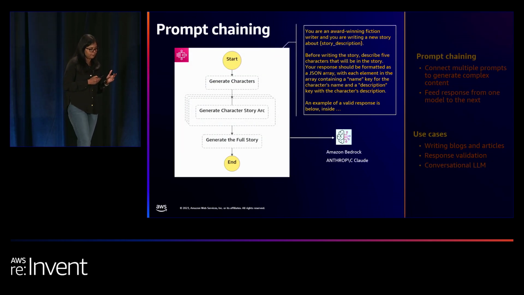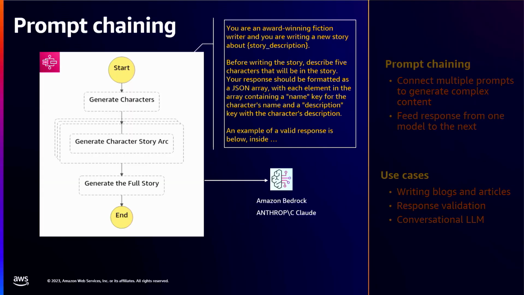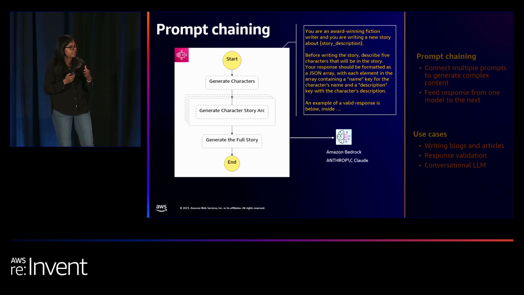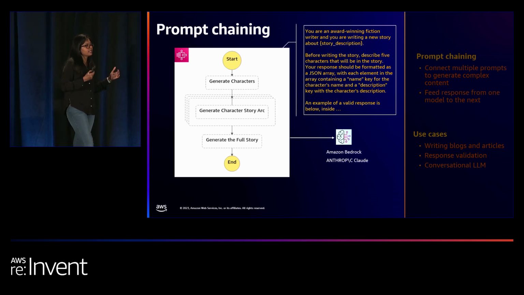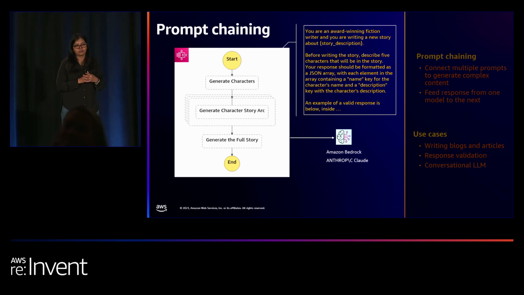Prompt chaining is a technique of wiring multiple prompts and prompt responses in a sequence of steps to achieve a business process. Step Functions is a natural fit for prompt chaining use cases. We've seen how Step Functions simplifies the integrations with foundation models.